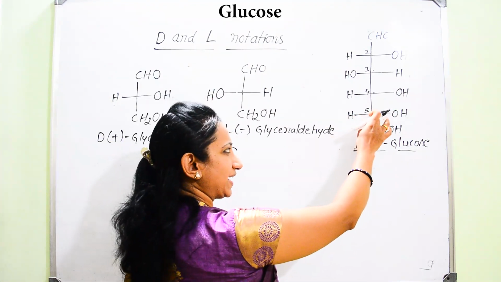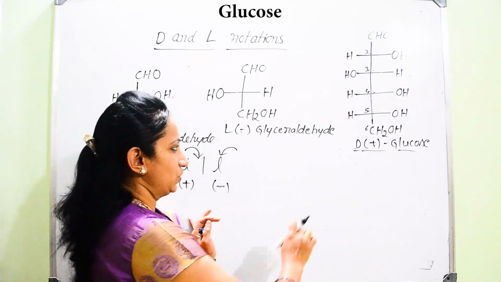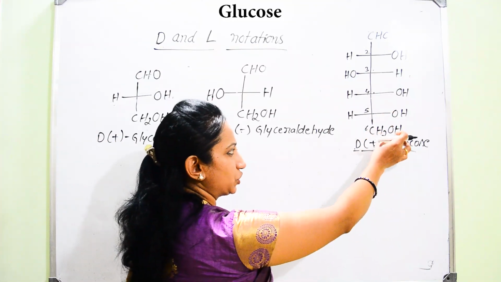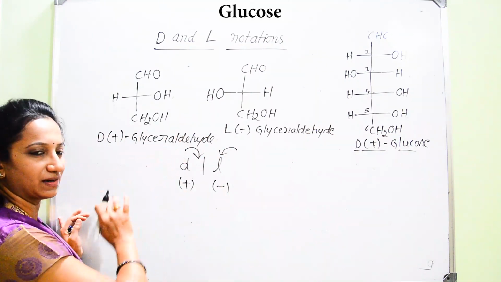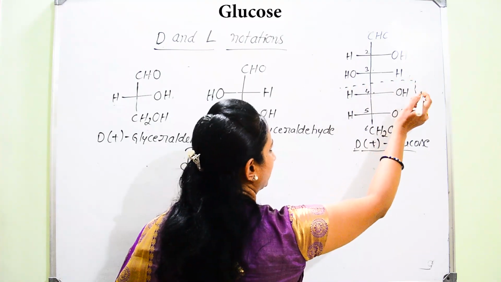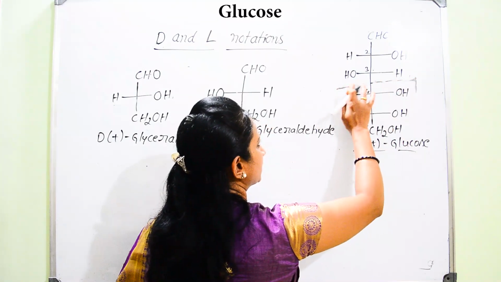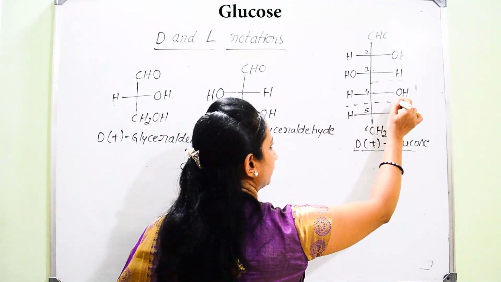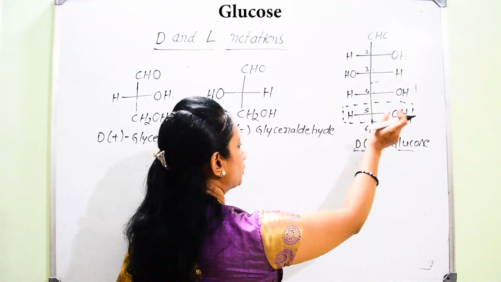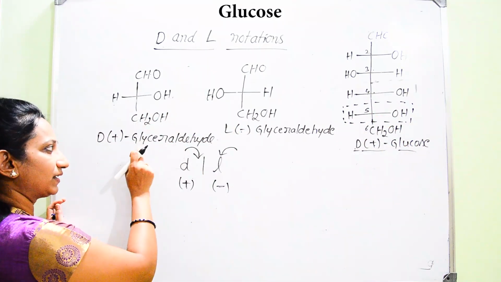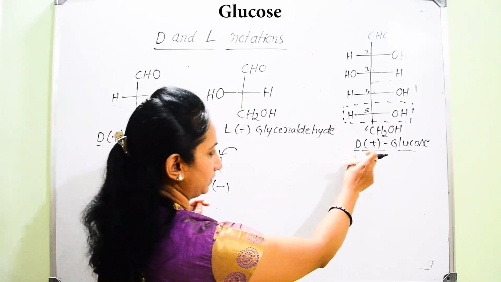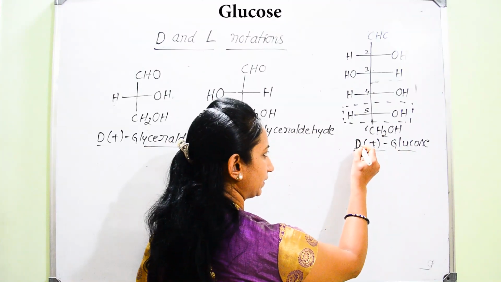So the fifth carbon is the highest asymmetric carbon, adjacent to the terminal CH2OH group, like in the case of glyceraldehyde. So we should consider the highest asymmetric carbon atom, which is bearing the OH group on the right hand side as in D-glyceraldehyde. Hence the notation for this glucose is given as capital D.